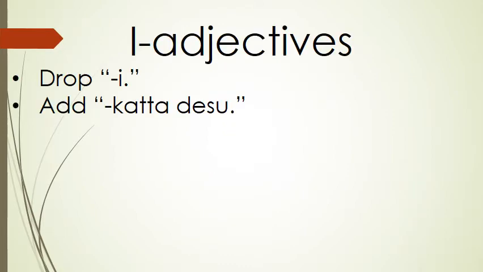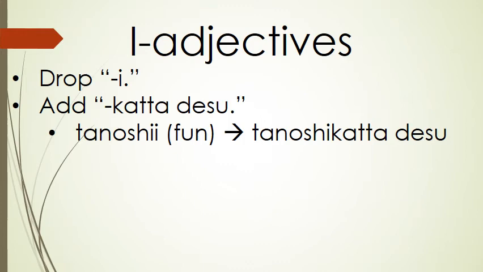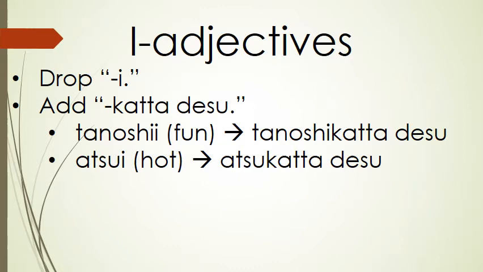Now that we've gotten that out of the way, we can move on to forming the past tense of adjectives. So, first we're going to look at i adjectives and forming the positive past tense. All you need to do, you drop the i from the end of the adjective, and then you add katta desu. So, for example, tanoshii, fun, would become tanoshikatta desu. Atsui, hot, would become atsukatta desu.